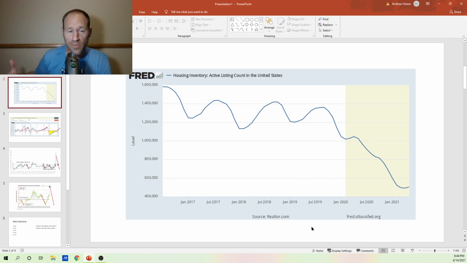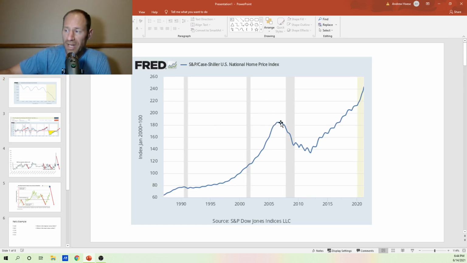Now, in order for a crash to happen, this has to go up. And homes aren't just going to come into existence. Last market where we had this crash, we had a double whammy. We had foreclosures come on, and inventory was stacked to the brim with brand new houses being built.